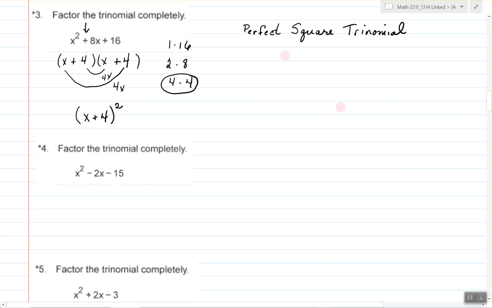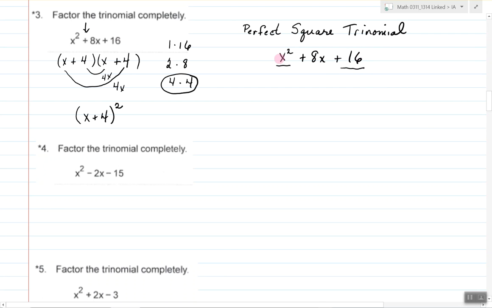What do perfect square trinomials look like? Let me copy that down. The way you identify a perfect square trinomial, the first term must be a perfect square, and it is. The last term must always also be a perfect square, and there has to be a positive sign.